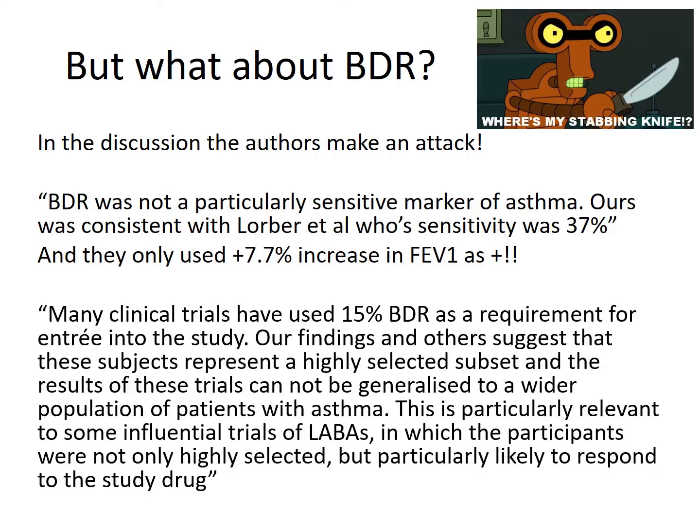I mean, you can see their asthmatics had a large range of responses. This is particularly relevant to some influential trials of long-acting beta agonists, in which the participants were not only highly selected, but particularly likely to respond to the study drug. So that is quite a damning attack on large-scale drug trials which pre-selected their patients to be responding to the study drug.